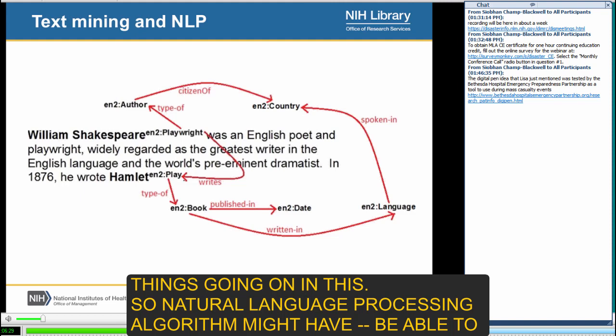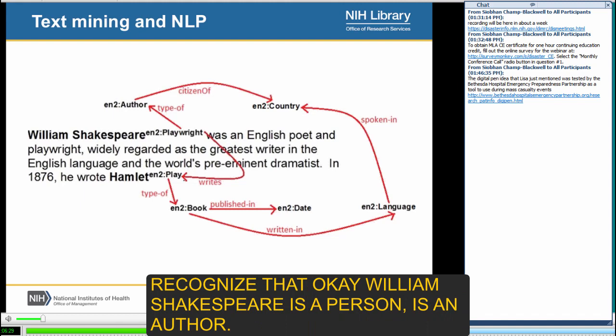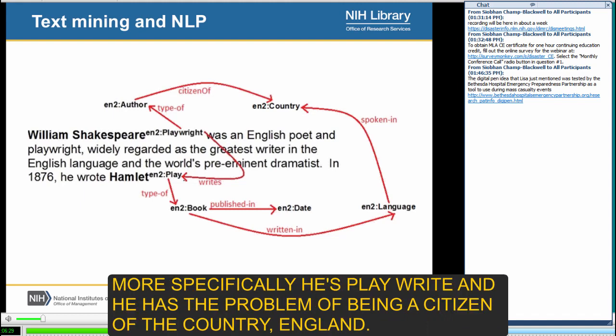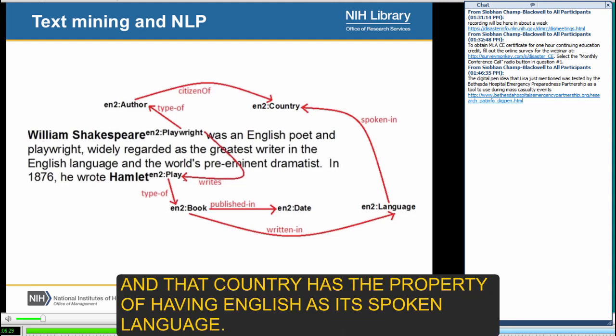So a natural language processing algorithm might be able to recognize that, okay, William Shakespeare is a person, that's an author. More specifically, he's a playwright, and he has the property of being a citizen of the country England, and that country has the property of having English as its spoken language.